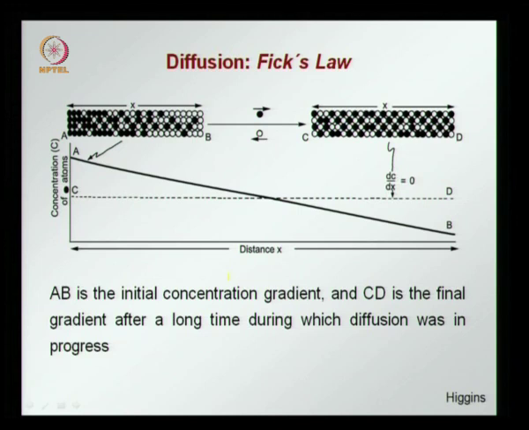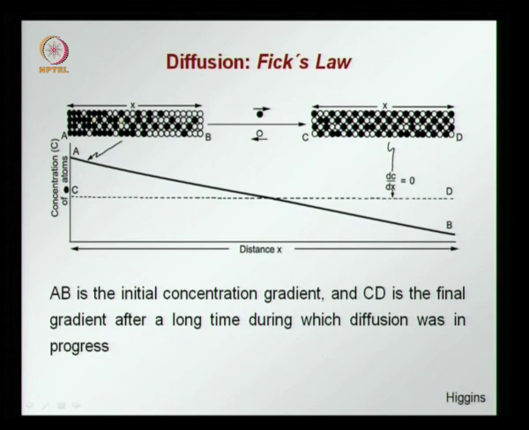Diffusion is governed by what is called Fick's law, and this is seen diagrammatically here. You can have a case where you have a change in concentration of what are shown here as black and white atoms, with more black atoms on the left hand side and fewer black atoms on the right hand side, or more white atoms.